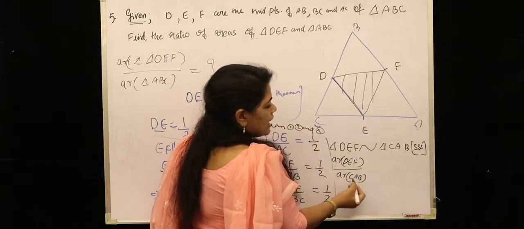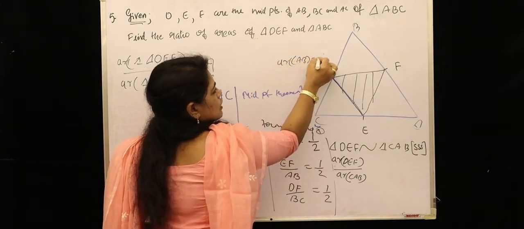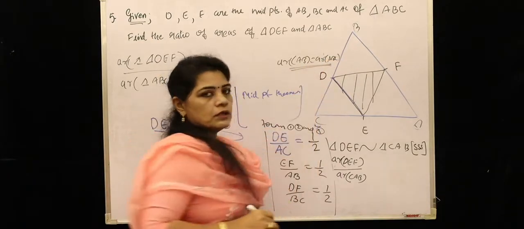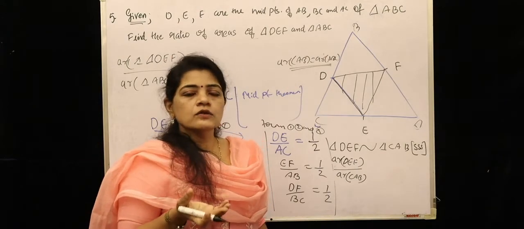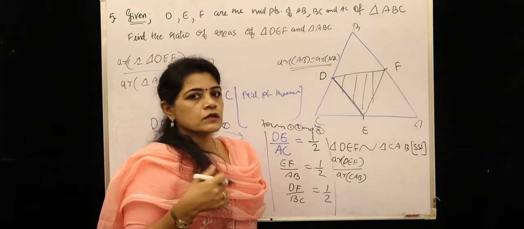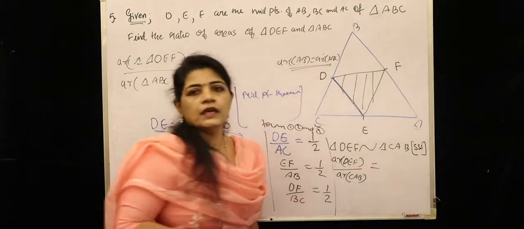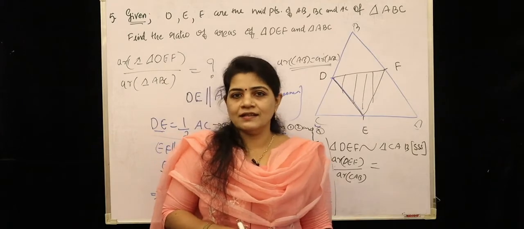See, children, area of triangle CAB equals area of triangle ABC. The reason I already told. We are talking about the same triangle ABC, so you can write it as BCA or CAB, that doesn't matter. This is equal to the square of the ratio of their corresponding sides, isn't it?